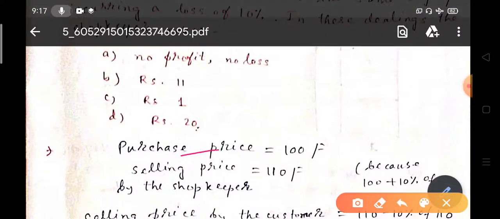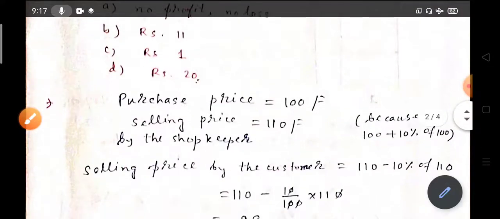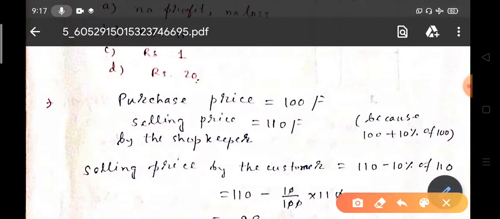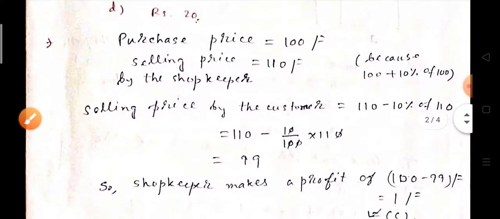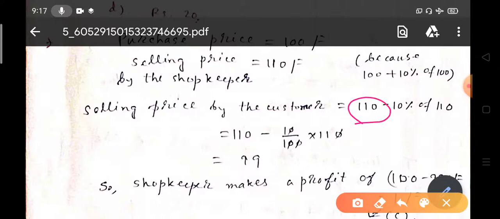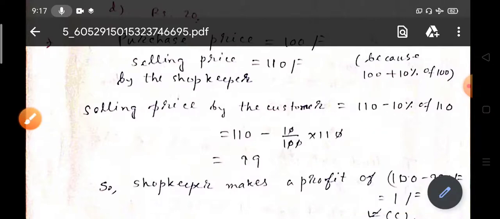So the purchase price paid by the shopkeeper is 100 rupees, and he sold that product at a price of 110. So the selling price by the shopkeeper is 110, because 100 is the purchase price plus 10% of 100, that is 100 plus 10, that is 110. Then the customer's purchase price is 110, and he sells it at a loss of 10%.